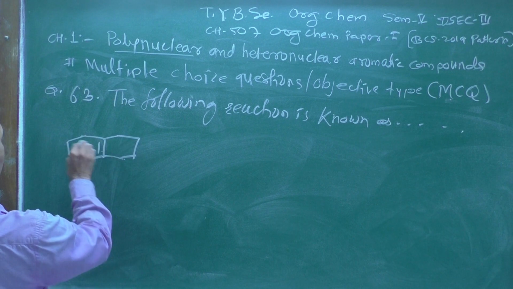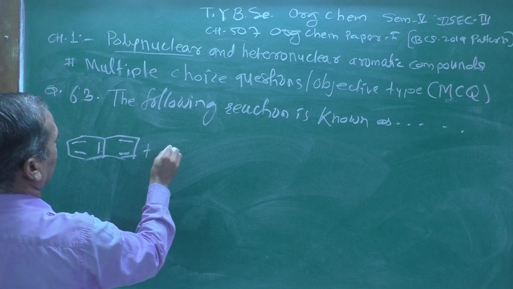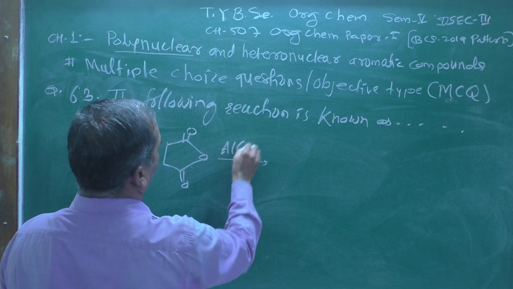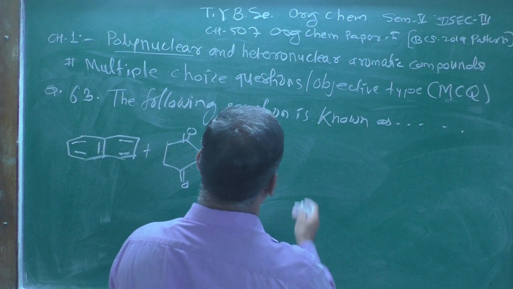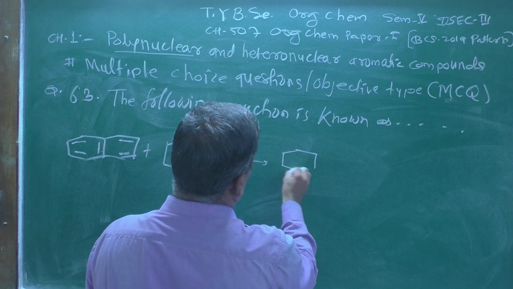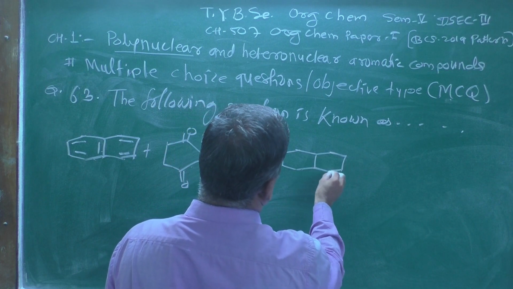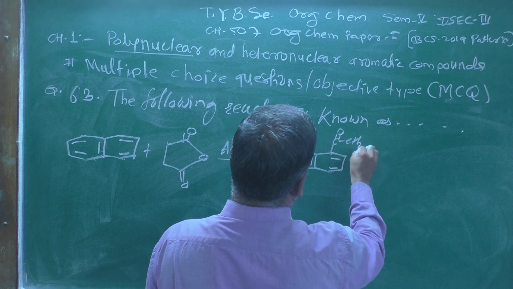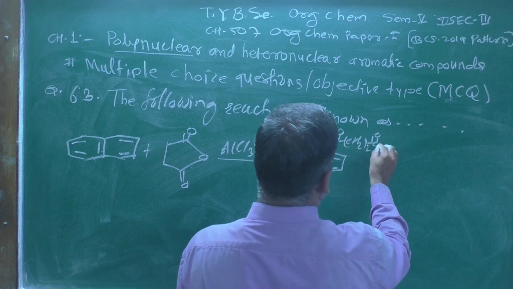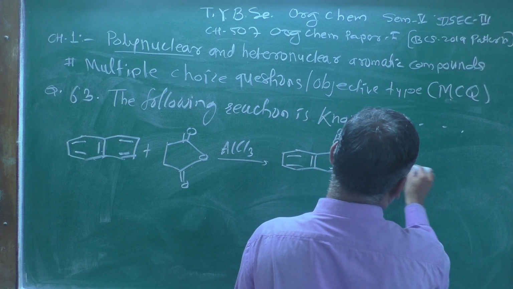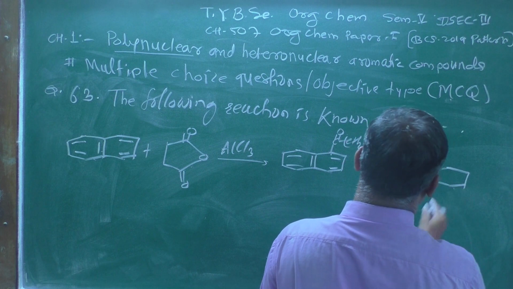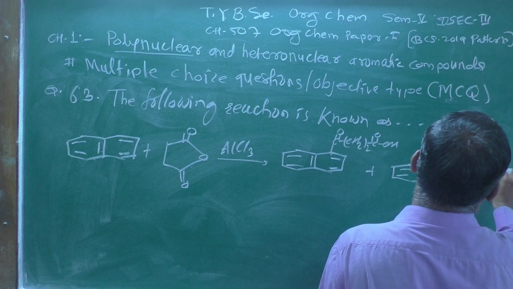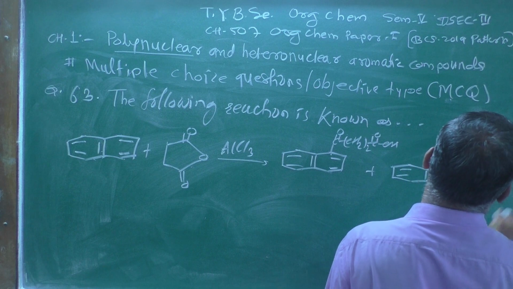The reaction, plus this one, is treated with AlCl3, which we know is a Lewis acid catalyst, and the products obtained are this one, at the alpha position C double bond O, then CH2 twice, C double bond O, OH, and the other product obtained is this one, C double bond O, CH2 twice, and C double bond O, OH.